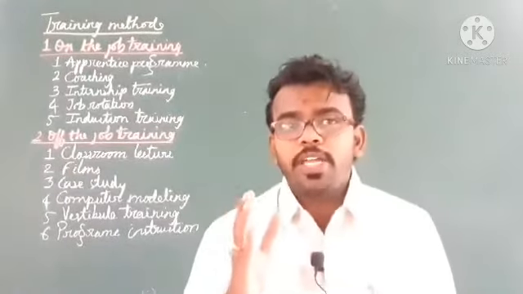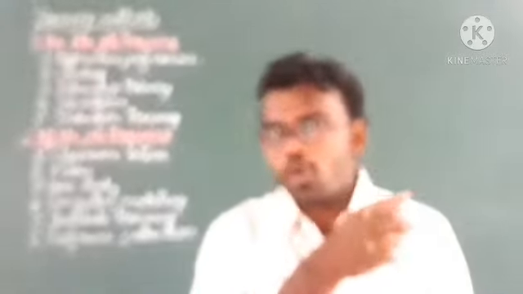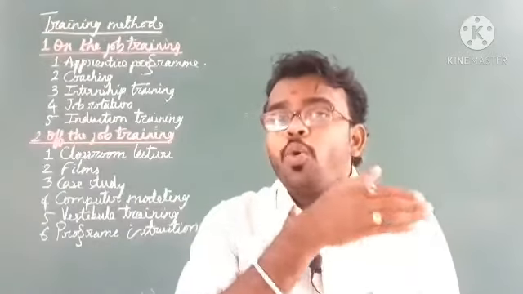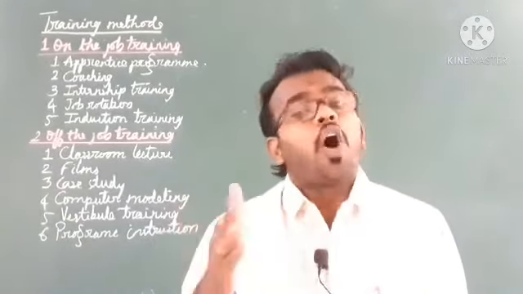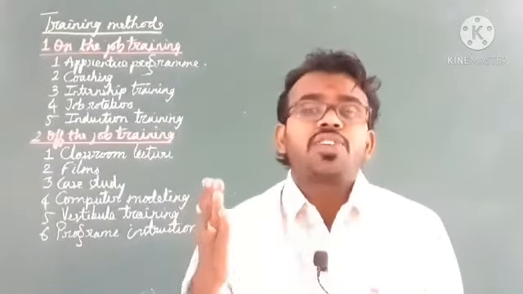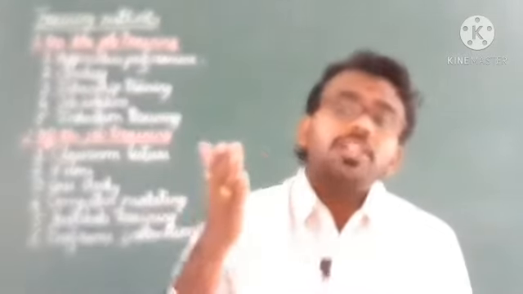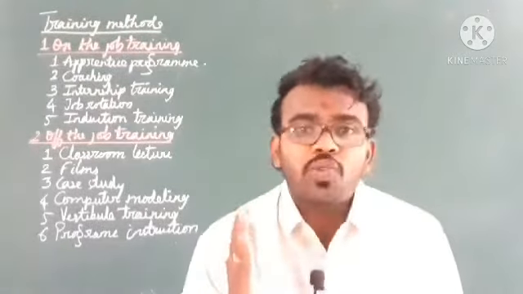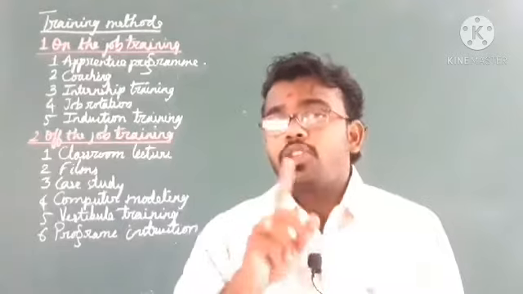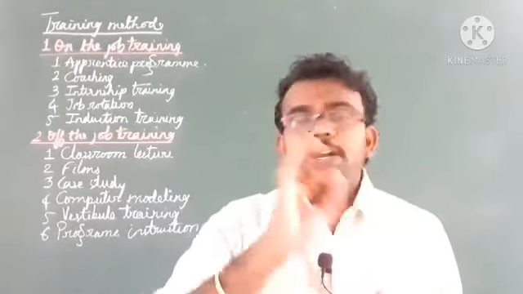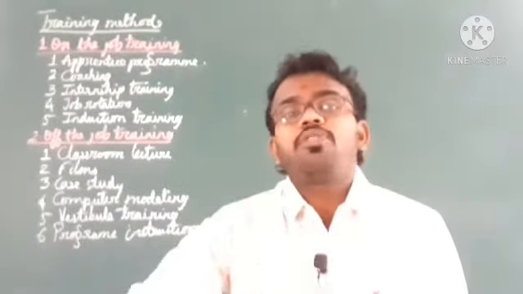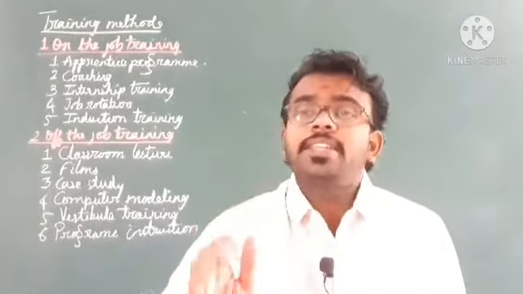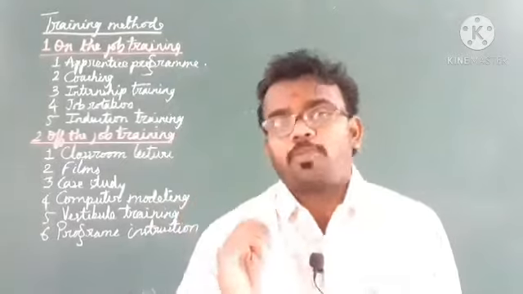On the job means the training is given along with the job, and off the job means the training is given completely before the employees start their actual job, and then they will be put for a job.